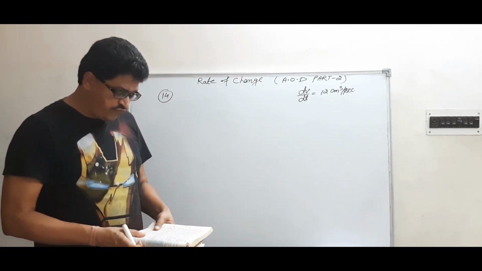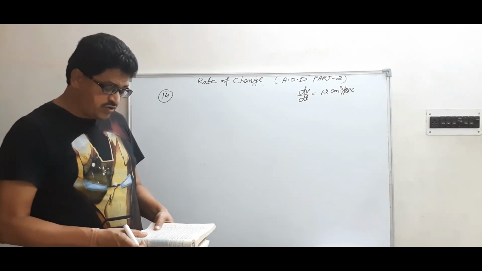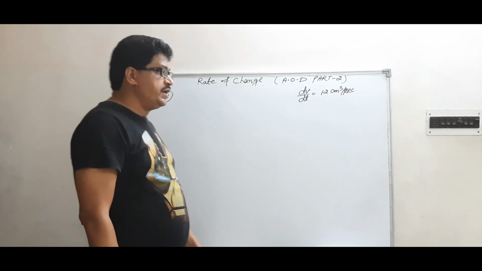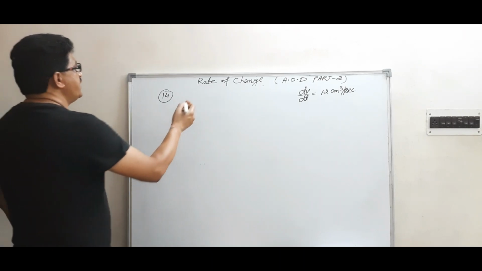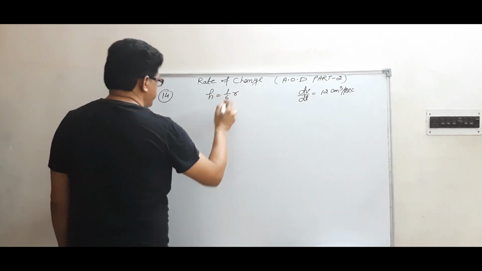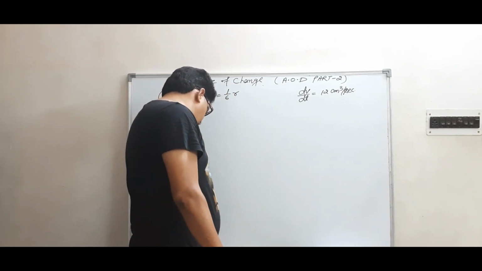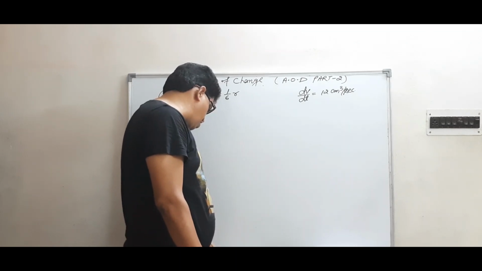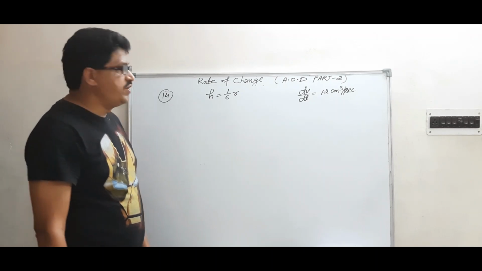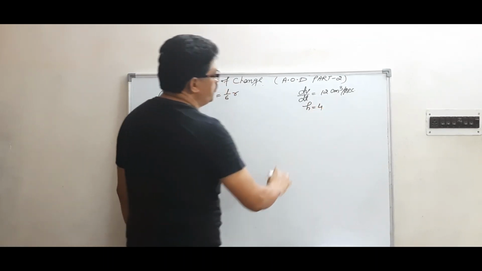The falling sand forms a cone on the ground in such a way that height of the cone is always 1/6 of the radius. It is given that height is 1/6 of the radius. How fast is the height of the sand cone increasing when the height is 4? We have to find change in height at h is equals to 4.